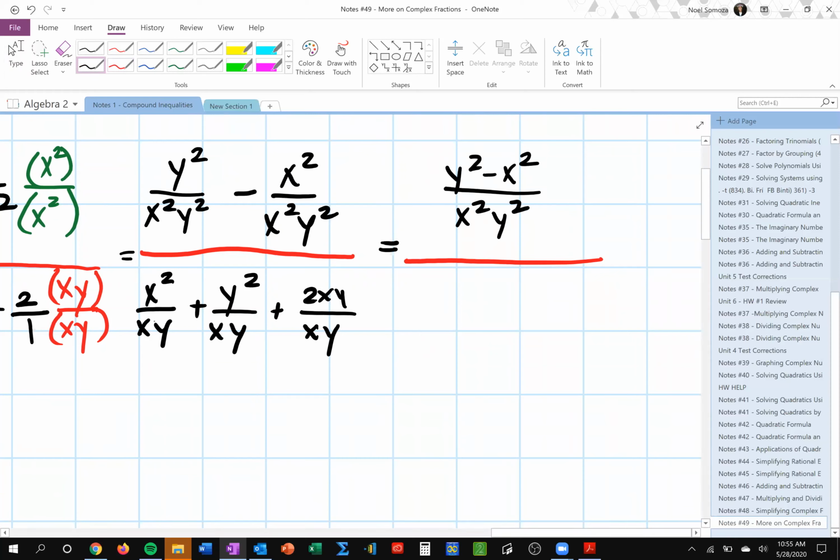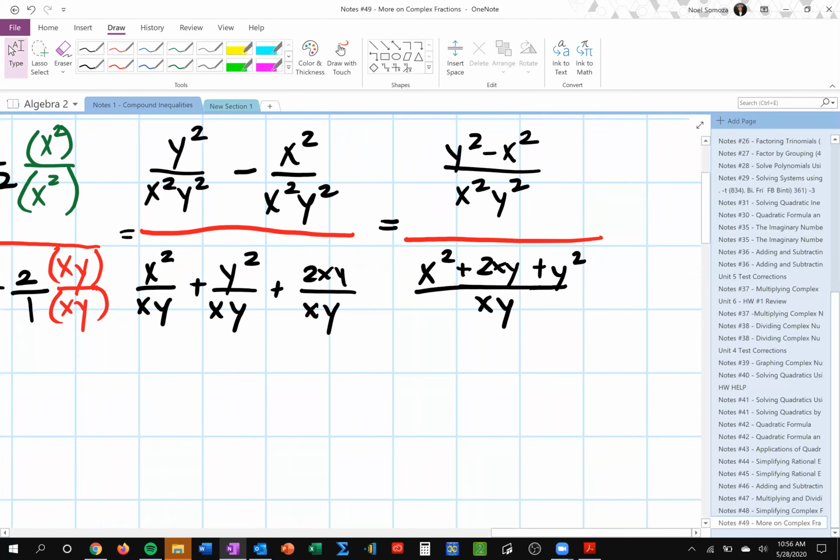They all have that common denominator of xy, so I'm going to have xy as the denominator, and then in the numerator, I'm actually going to rearrange one of those terms because I'm looking ahead here and I can see that this is something that's going to be factorable. So I'm going to rearrange it as x squared plus 2xy plus y squared. Okay. All right, you guys with me so far?